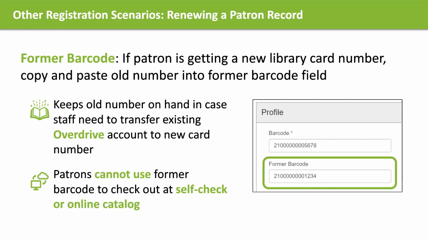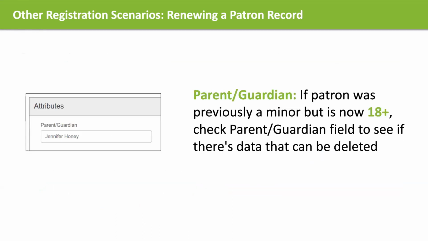So in terms of circulation, there's no real application for the former barcode field. And then finally, if the patron was previously a minor, but now they are age 18 or older, check the parent guardian field to see if there's data to delete.